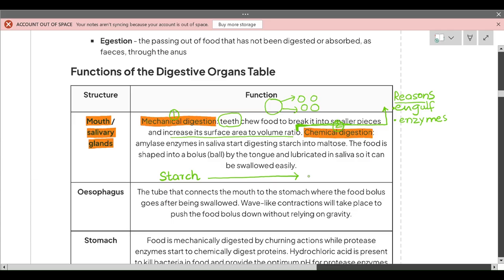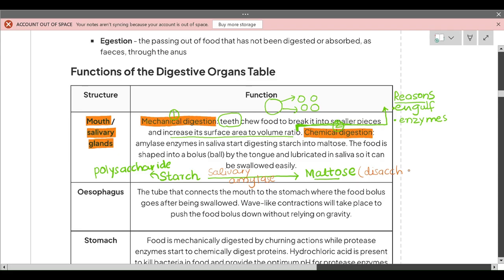Not glucose. Glucose is formed later, but here, as a result of the action of salivary amylase, maltose is formed. I told you yesterday, starch is a polysaccharide, a big molecule, and as a result of the action of salivary amylase present in our saliva, starch is converted into maltose, which is a disaccharide.